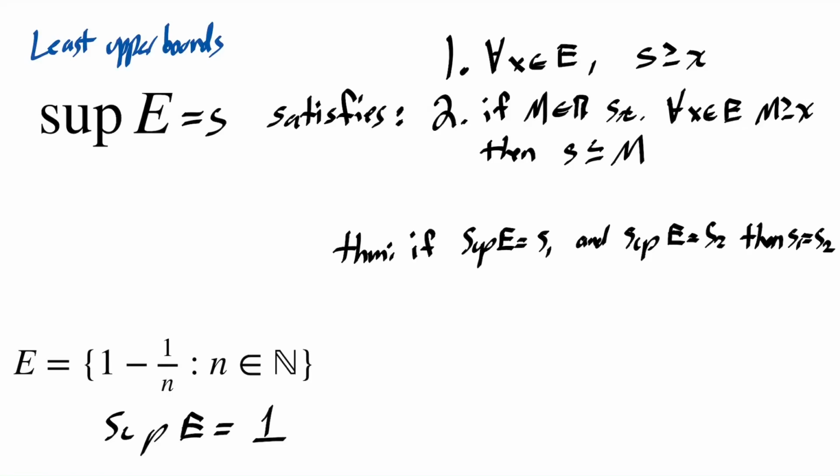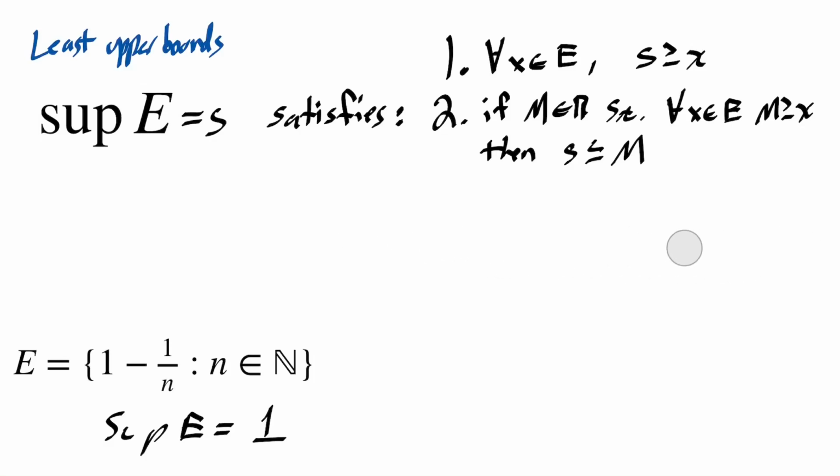Okay, so let's look at our second theorem, which I thought was interesting. This theorem is 1.14, and it's called the approximation property for suprema. And so the approximation property looks something like this.